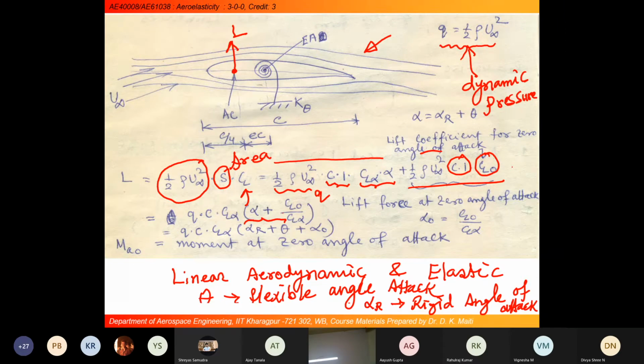As long as this theta is not converging, meaning it is not going to stabilize at some value... let's say I am giving an initial angle of attack of 5 degree and the initial velocity is 10 meter per second, and I am doing a test in the wind tunnel.